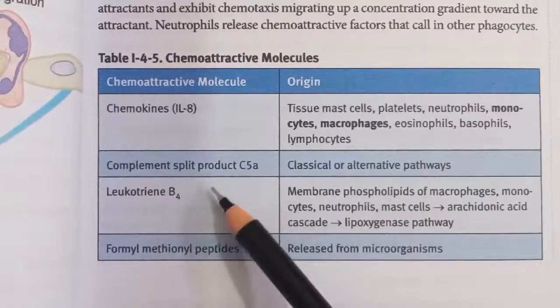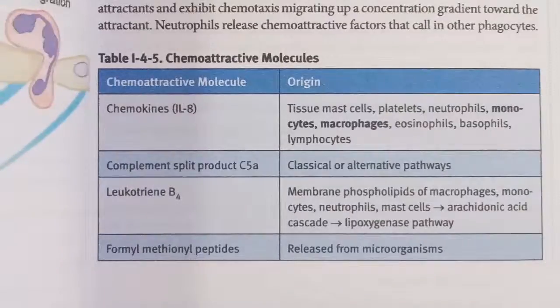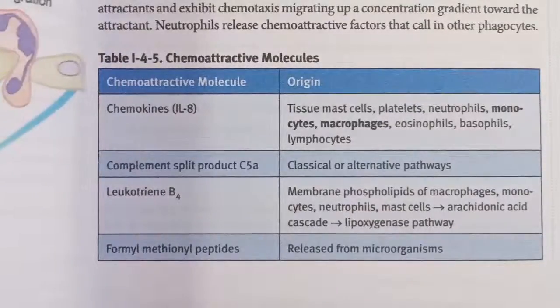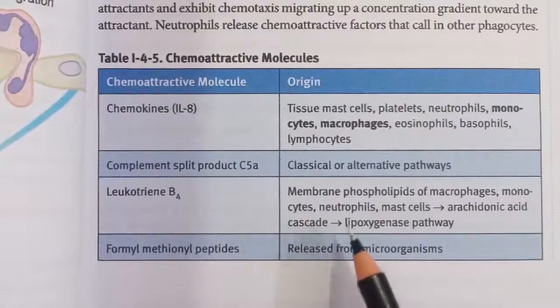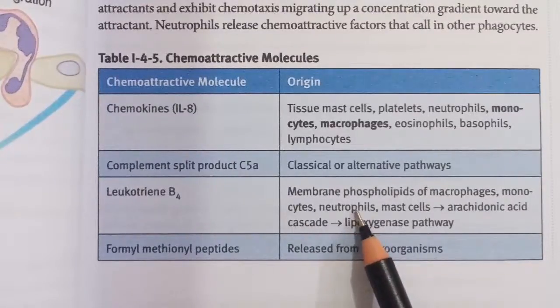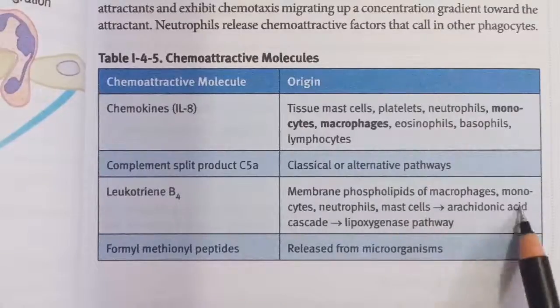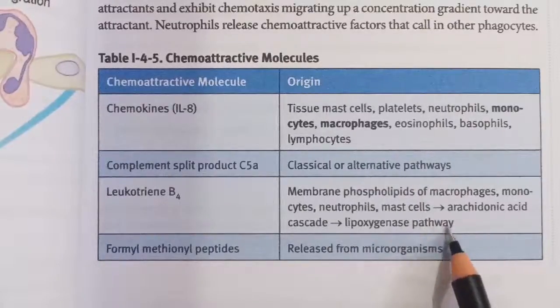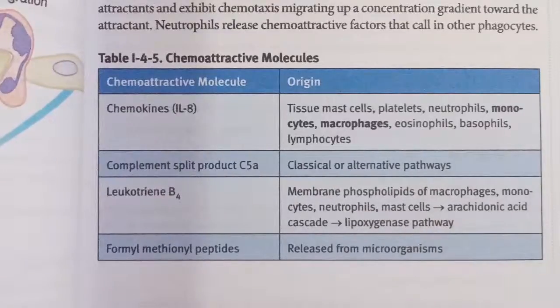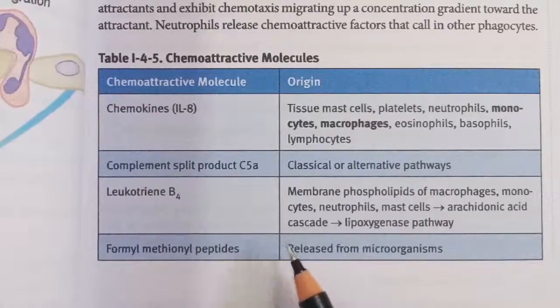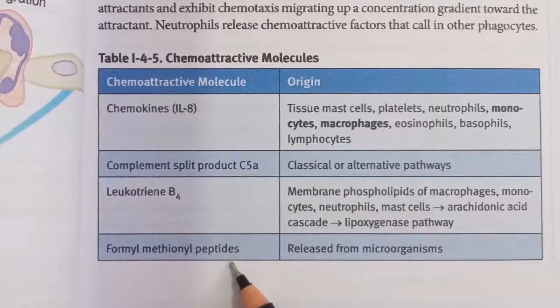For leukotriene B4, we are seeing the membrane phospholipids of macrophages, monocytes, neutrophils, mast cells, from the arachidonic acid cascade, which is the lipoxygenase pathway. Do you remember there was the COX pathway and the lipoxygenase pathway? Formyl methionine peptides are released from the microorganisms.